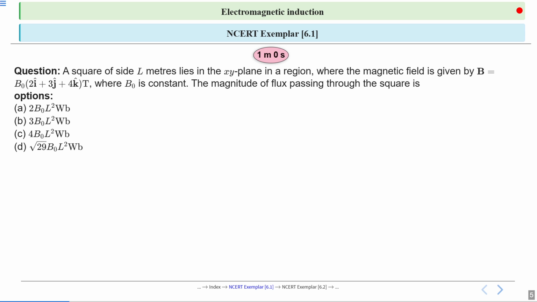So options are 2B naught L square Weber, 3B naught L square Weber, 4B naught L square Weber, or root 29 B naught L square Weber.